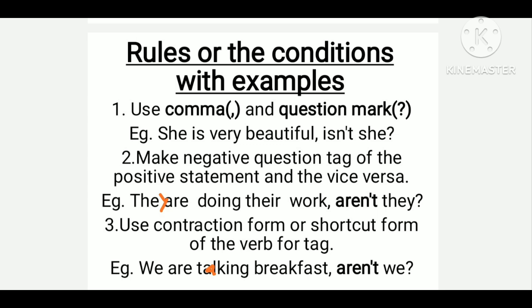And the next rule is to use the contraction form or shortcut form of the verb for the tag. For example, we are taking breakfast. There is also a minor mistake, that is not talking, that is taking.